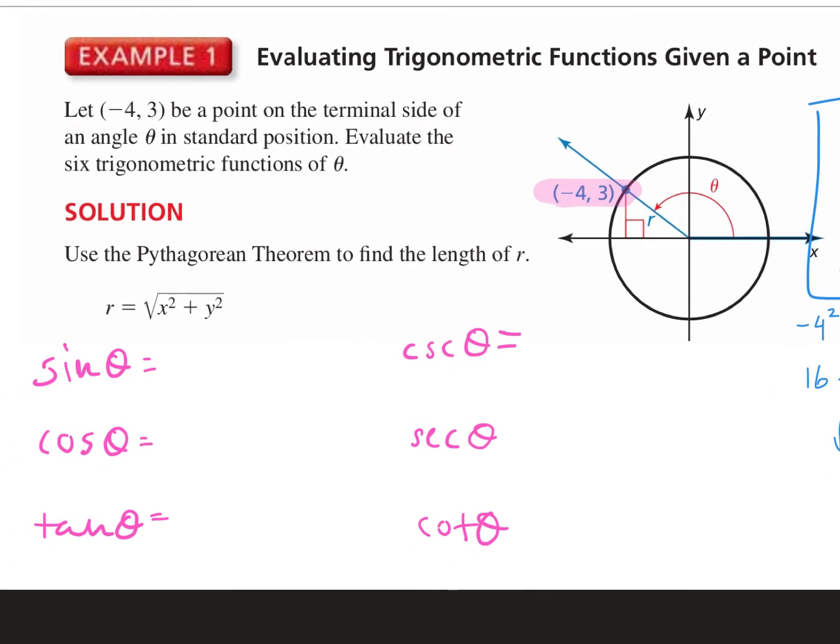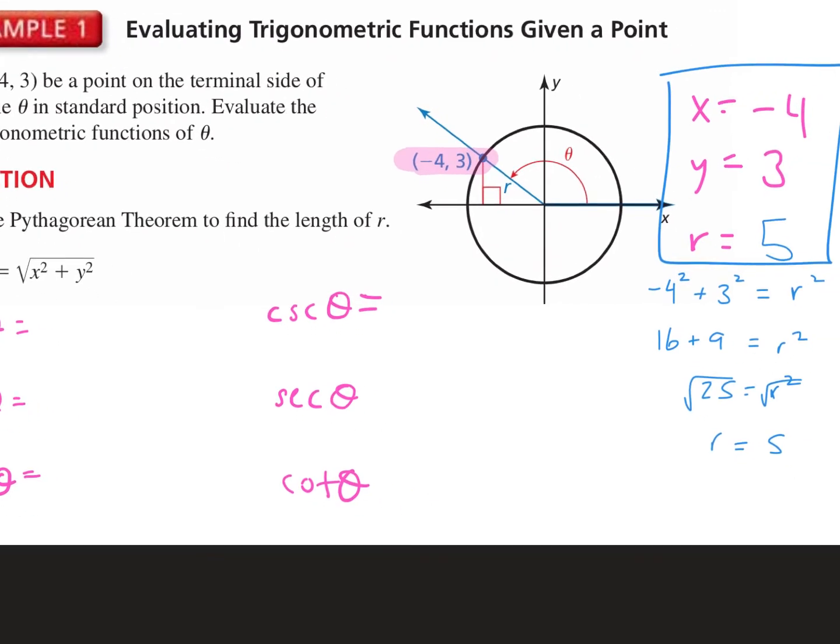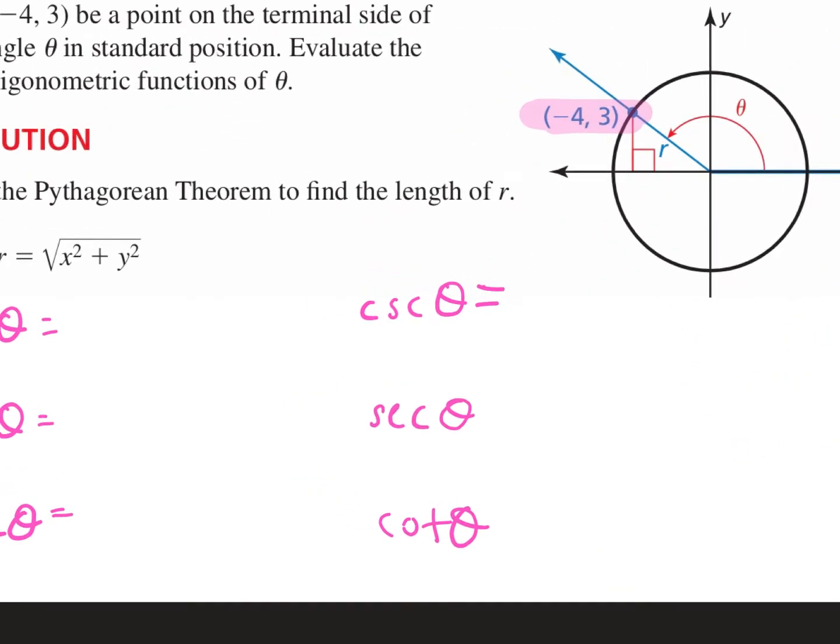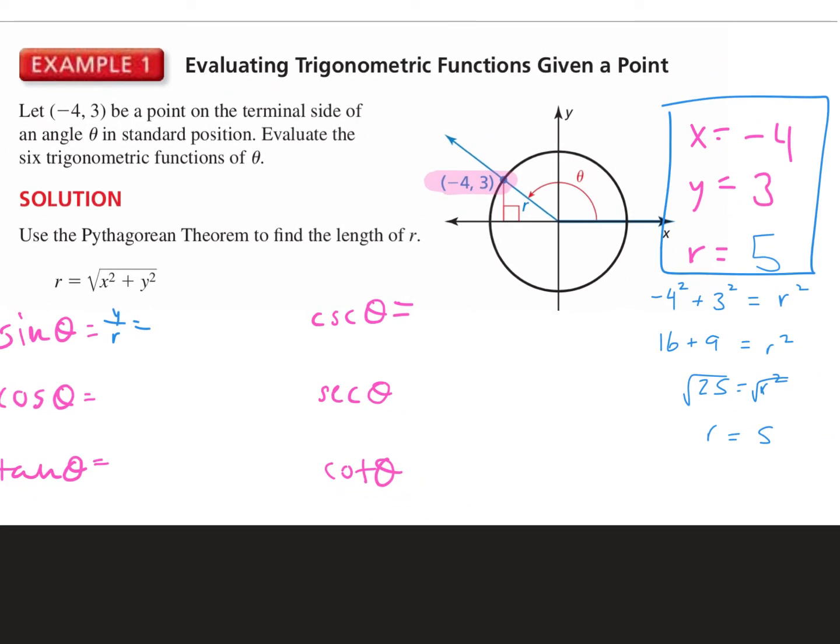So we need to know that sine is what over what? Sine is y over r. What's our y? Y is 3, r is 5, so sine of theta is 3 over 5. Cosine is what over what? X over r. What's our x?